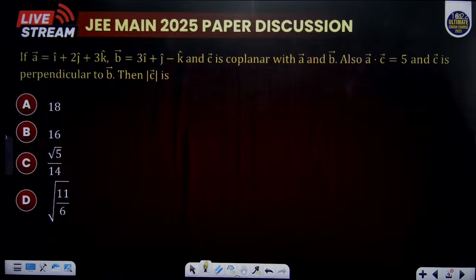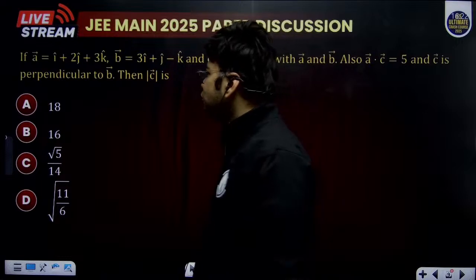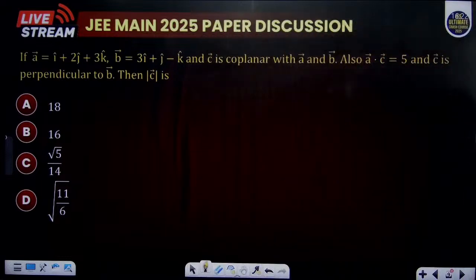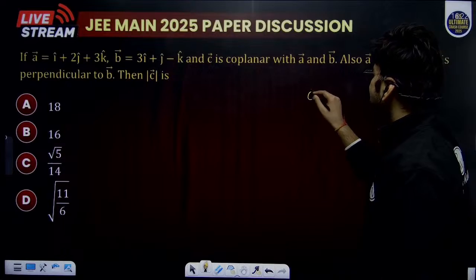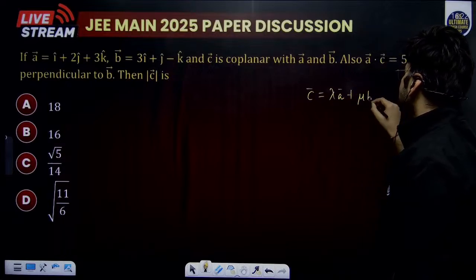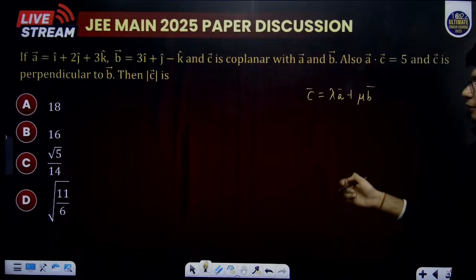Again, a standard question from vectors which we encounter almost every year. A is equal to i cap plus 2j cap plus 3k cap, B equal to this. C is a vector which is coplanar with A and B. So that means C can be written as lambda times A plus mu times B. So that will give me my C vector.